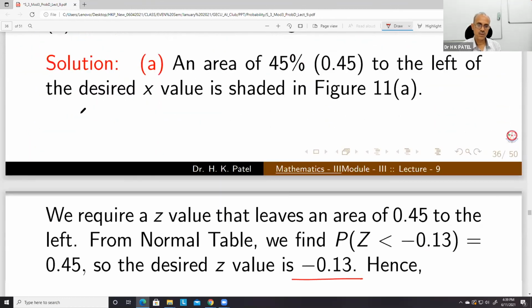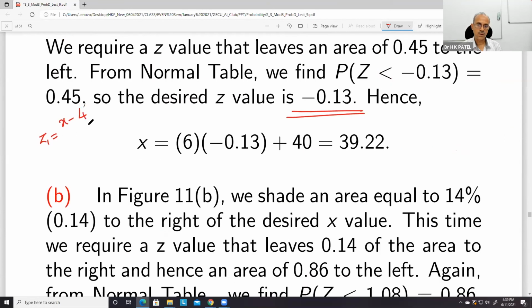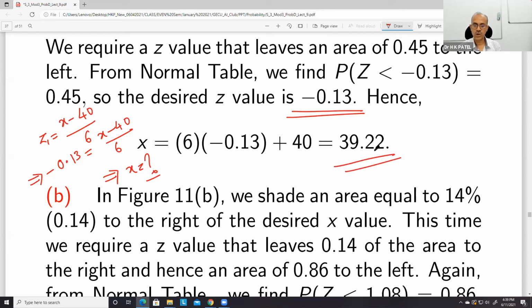So we have obtained minus 0.13 is equal to (x minus 40) divided by 6. From this we can find x, which is equal to 39.2. So this is a reverse problem.